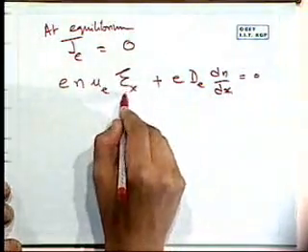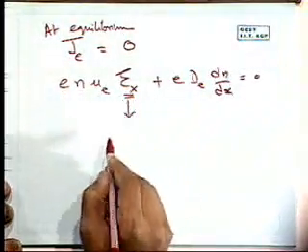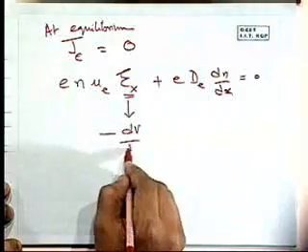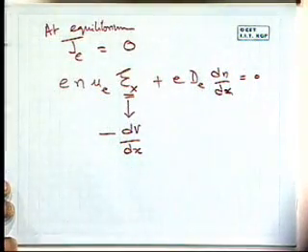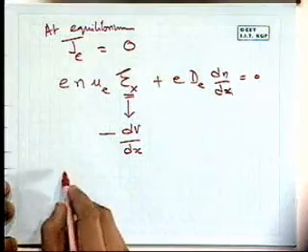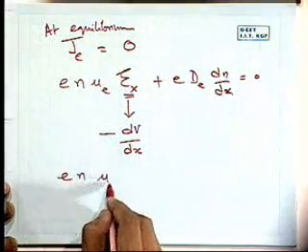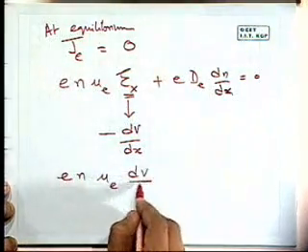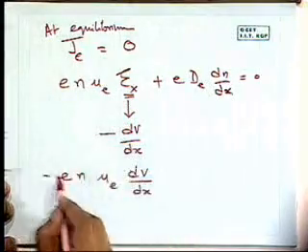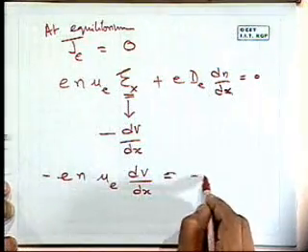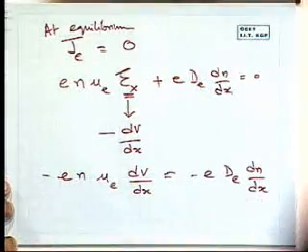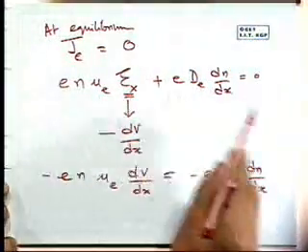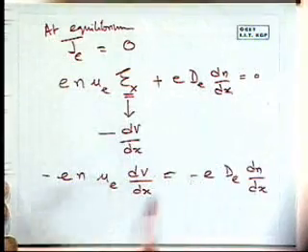I can substitute for the field here as minus dV/dx. And so we can then write e n mu_e dV/dx, the minus sign, is equal to minus e D_e dn/dx. I've simply taken it onto the other side, so you get the extra minus here.